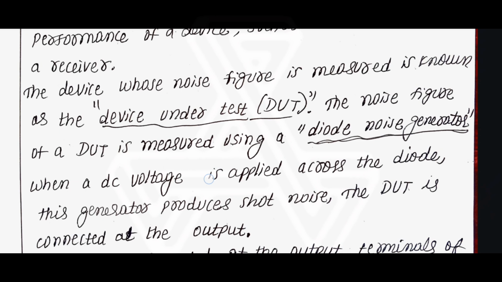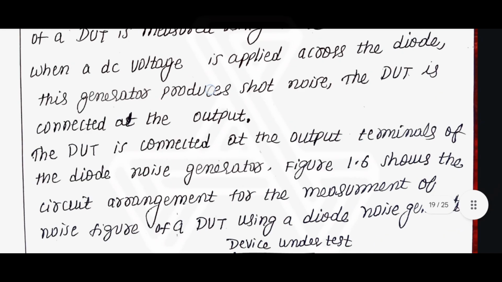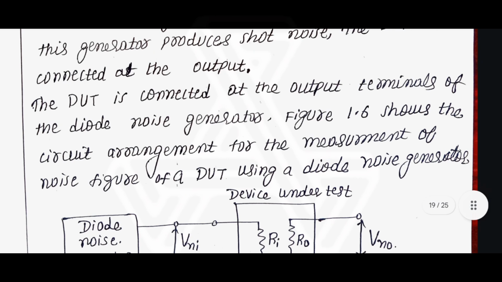When a DC voltage is applied across the diode, this generator produces shot noise. The DUT is connected at the output terminals of the diode noise generator. Figure 1.6 shows the circuit arrangement of the measurement of the noise figure of DUT using the diode noise generator.